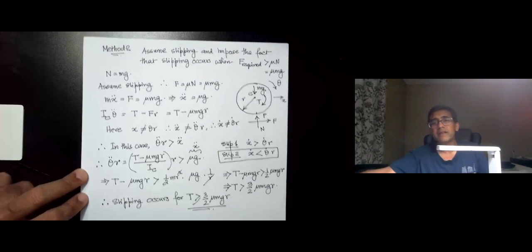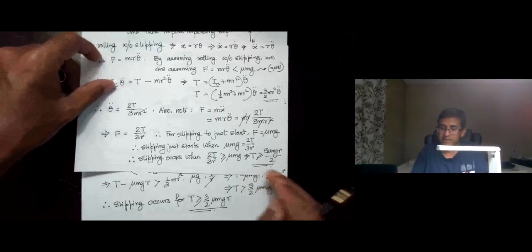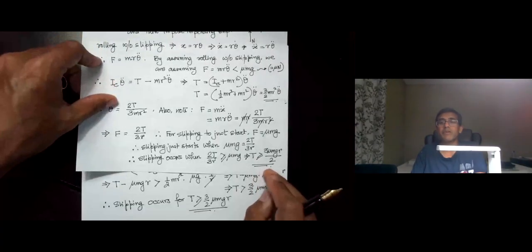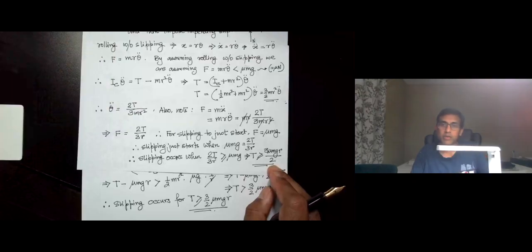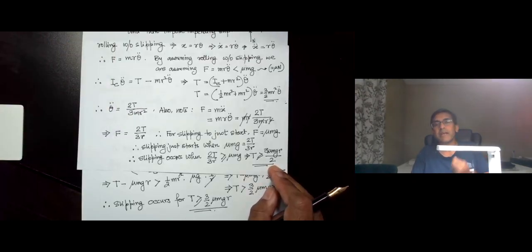And you see that this result is now completely consistent with the result that we got in method 1, where we assumed no slip and then imposed the condition of impending slip, that is when it is just about to slip.